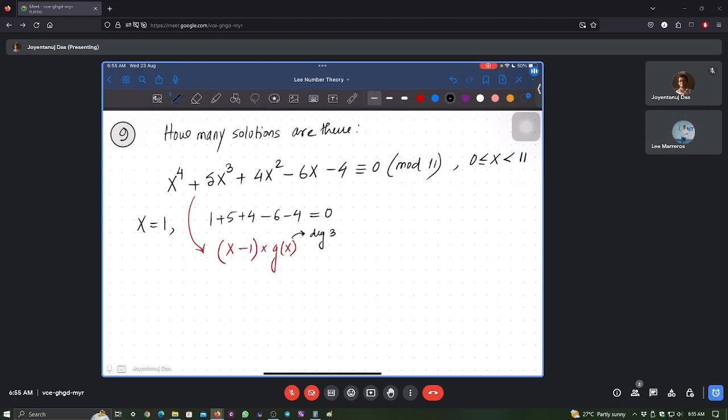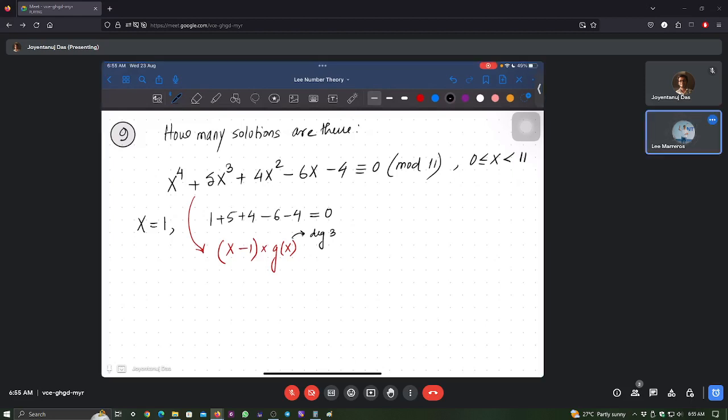So do you know how to find this g of x? No, I don't remember. I just need to divide, but I don't remember the method. Yes. We can use long division to divide by x minus 1, or we can use the vanishing method or similar techniques.